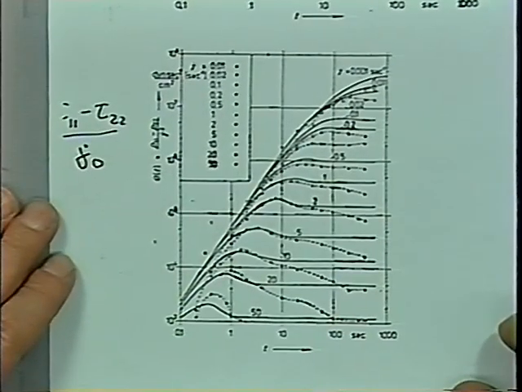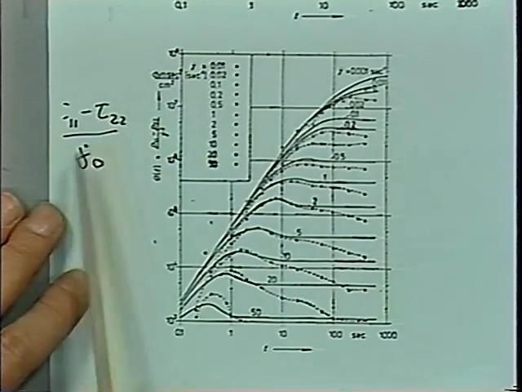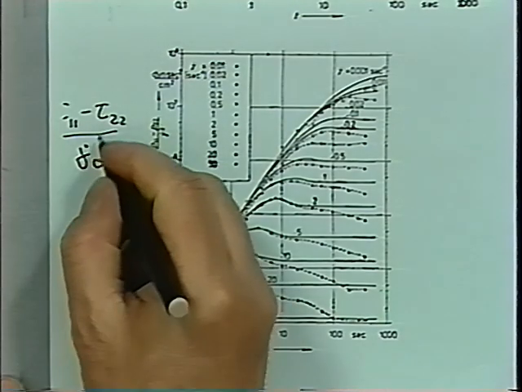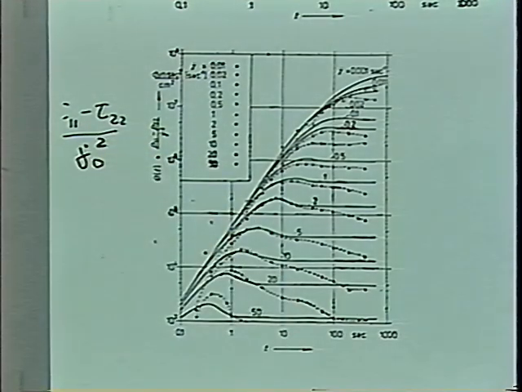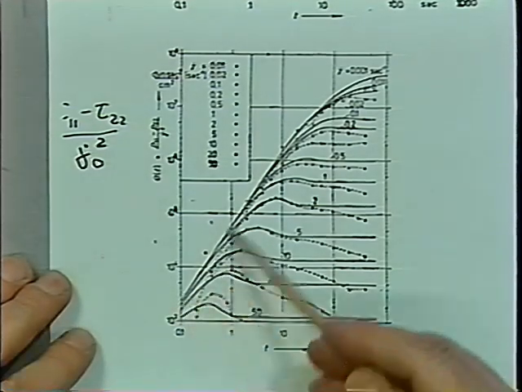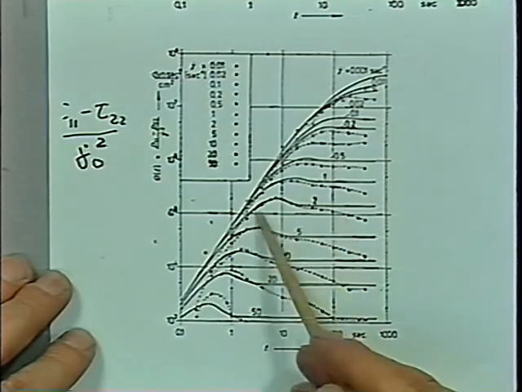And here's the first normal stress coefficient, tau 1,1 minus tau 2,2 over the shear rate squared. So this is the coefficient of the first normal stress difference. And you can see already the linear viscoelastic limit and then breaking down in some overshoots. Very helpful to have those data.